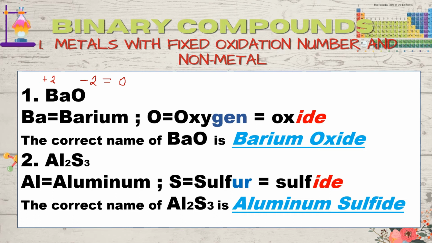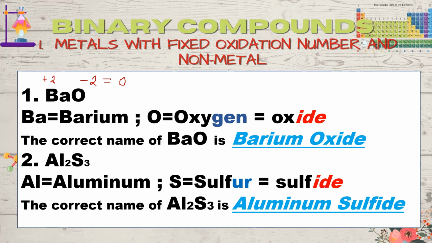So Ba is barium. The name of Ba in your periodic table is barium. Now for oxygen. So using the rule, you're going to write first the name of the metal.